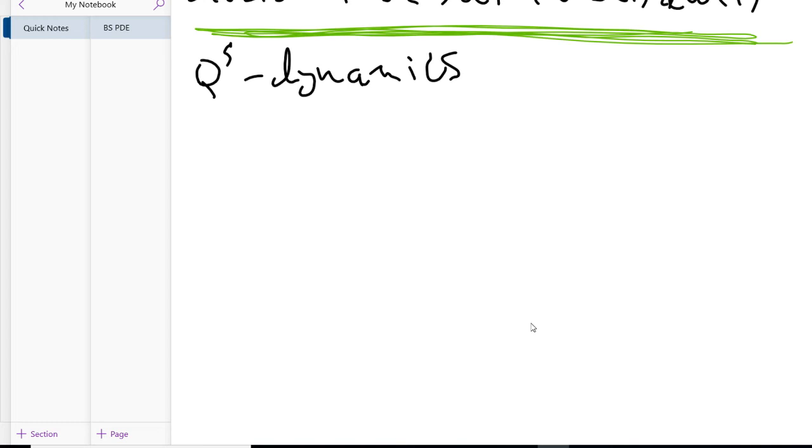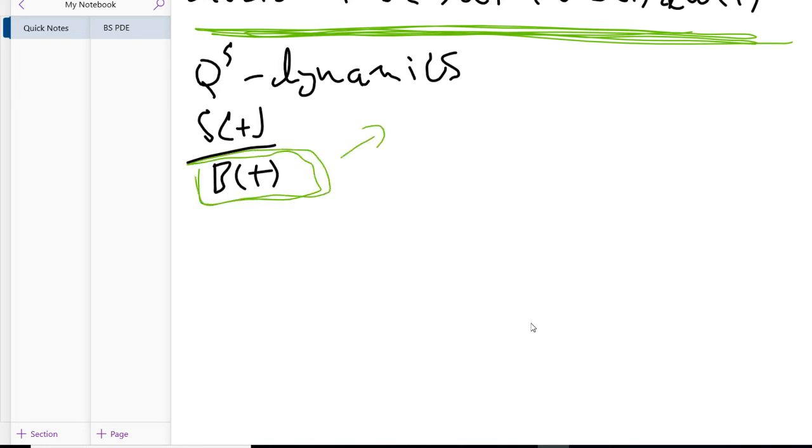And what is this? Well, before we saw S over B, and B is often called the numeraire asset.